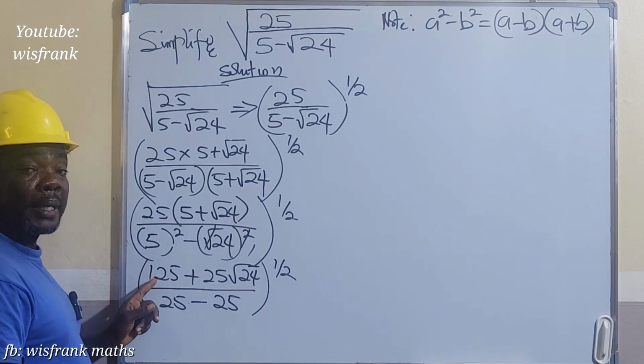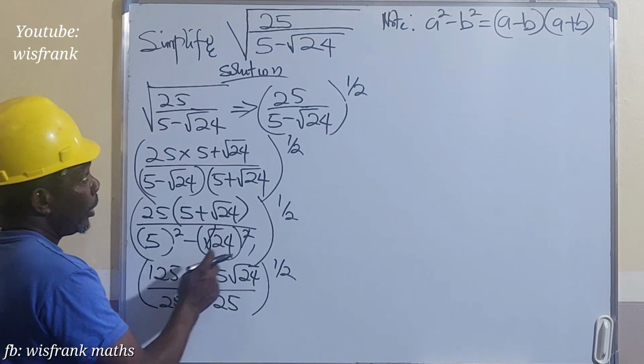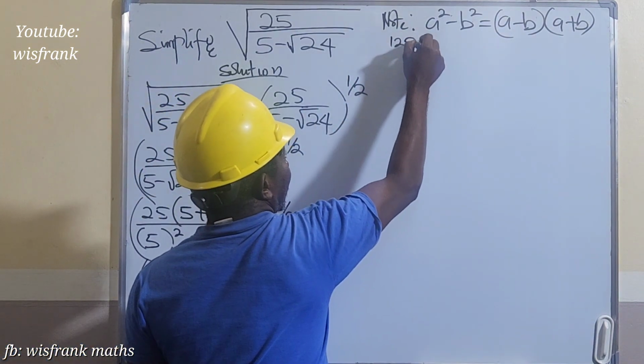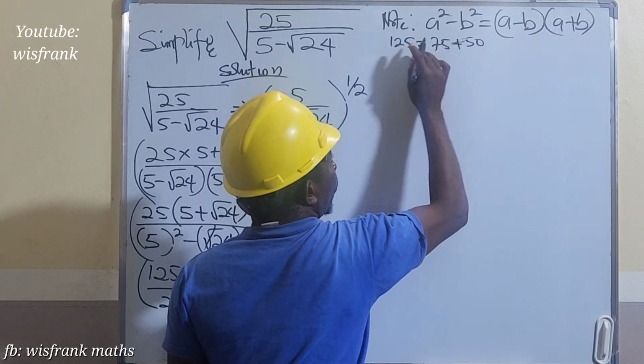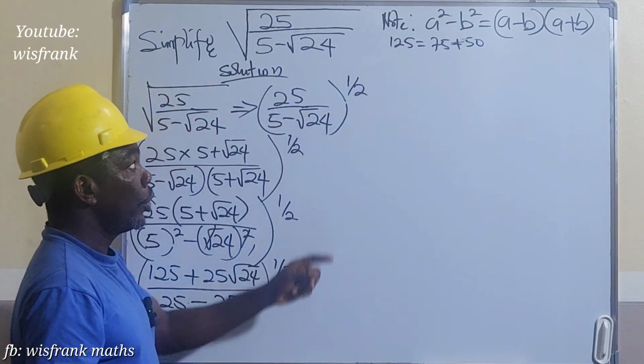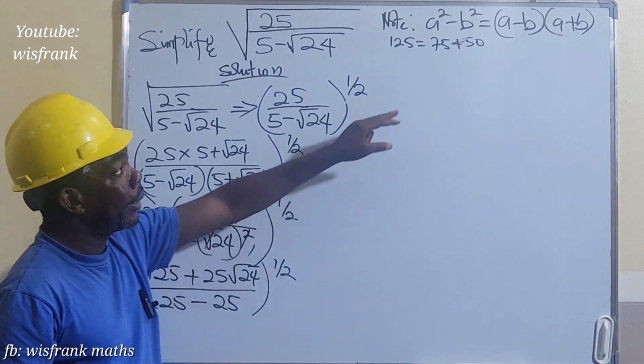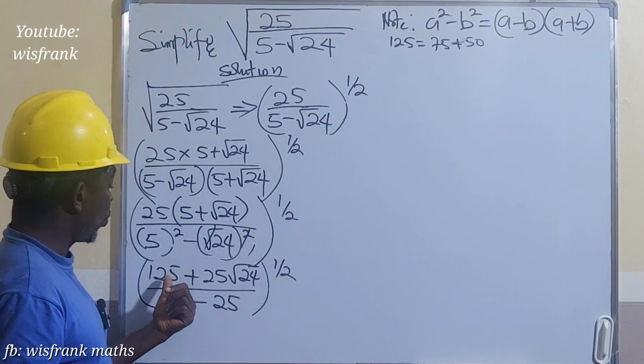Now this can be written as 125, which is the same thing as 75 plus 50, so we can replace this with what we have here.